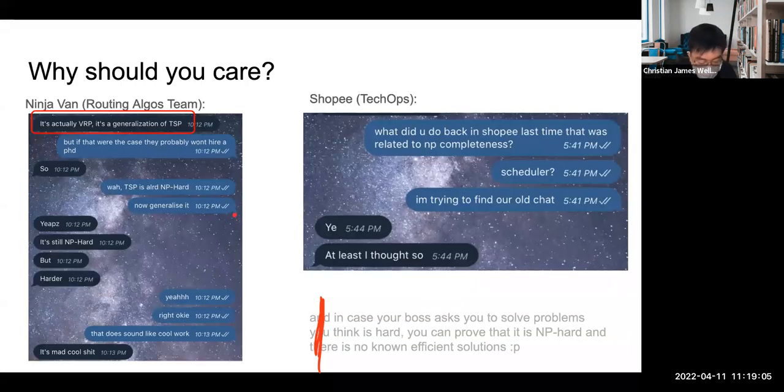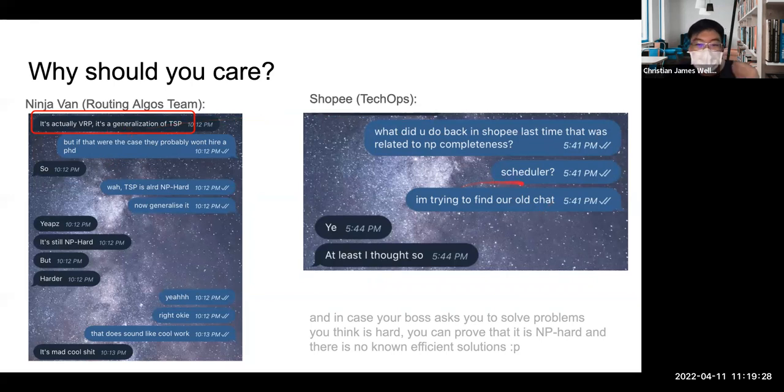Maybe you might be thinking, hey, why should I care? It seems very theoretical. Interestingly, I was talking to some of my friends and seniors at work, and they have actually dealt with problems related to NP-completeness before. My senior at Ninja Van worked on an NP-complete problem related to the traveling salesman.